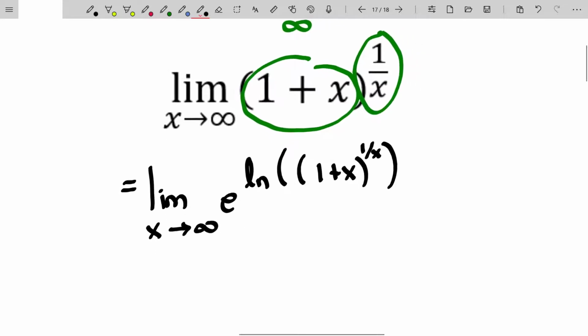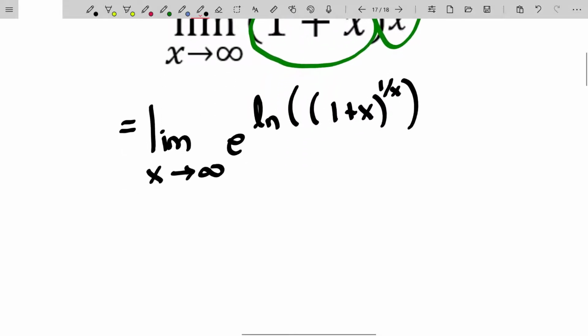In other words, I am going to leave the e and the natural logarithm in the problem the entire time. The reason why I like to do that is because if you don't, I've seen students just forget that the e is there. So it's very important to just follow what I'm doing here.